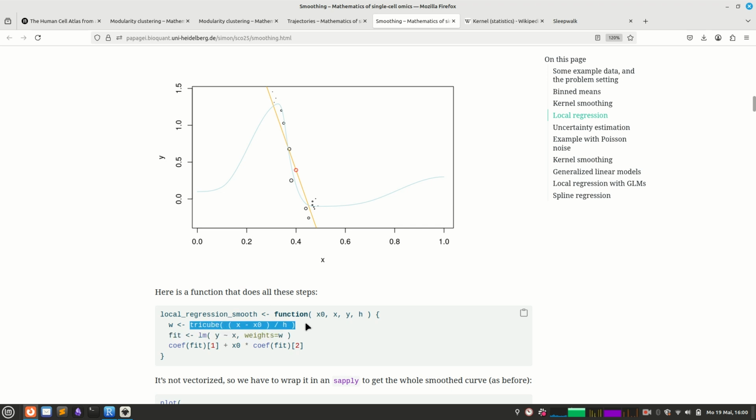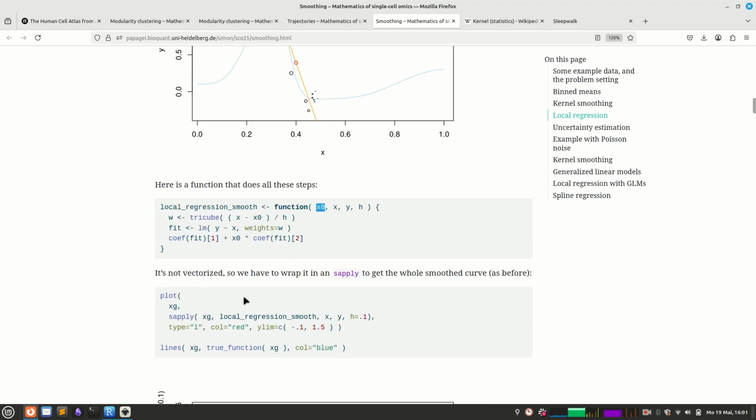Calculate first the weight, then run a linear regression with these weights of the data y on the data x, then take the equation of our fitted line and calculate the value of this equation at the query point x naught and return this value here. So it doesn't return the whole line, it only returns the y position of this red circle.